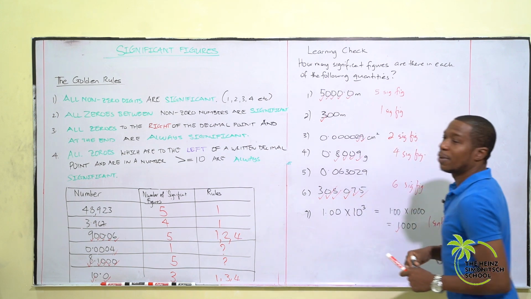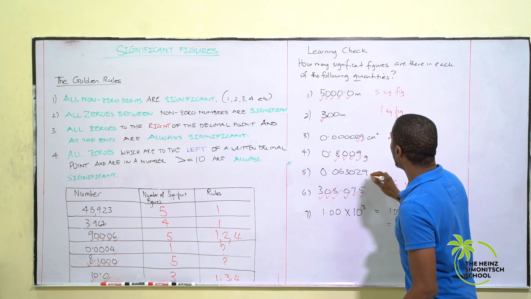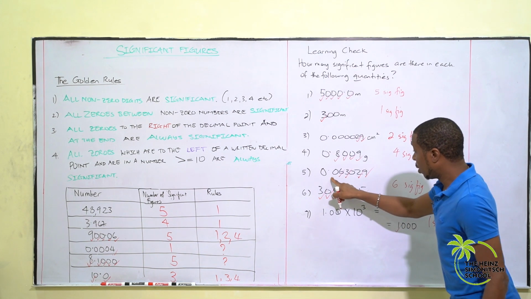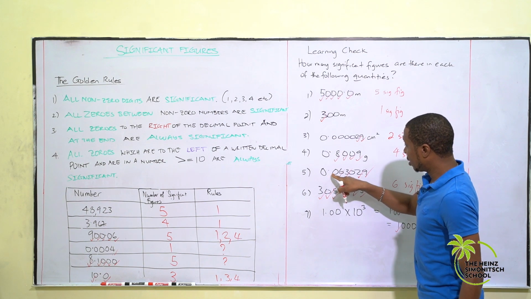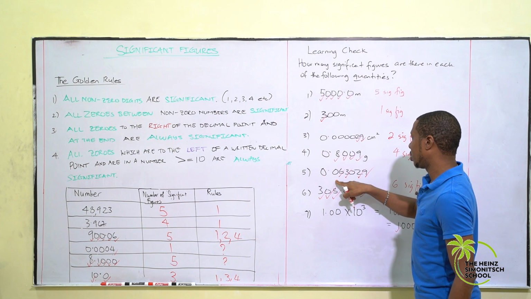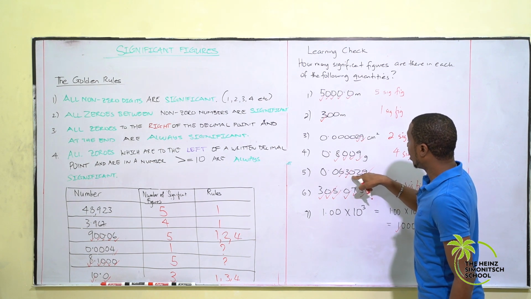What about this one, number 5, that we jumped over? Okay, so this is significant, that's significant, that's significant, that's significant. So we have now this 0 which comes after the decimal point, or what we call a trailing 0, and this one is actually sandwiched.